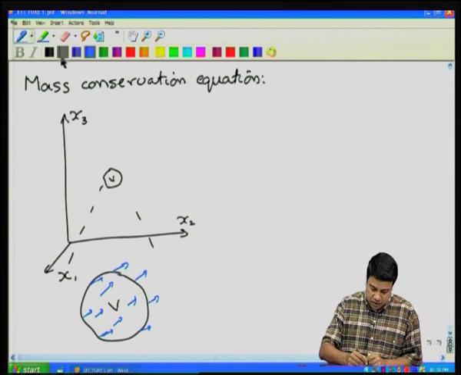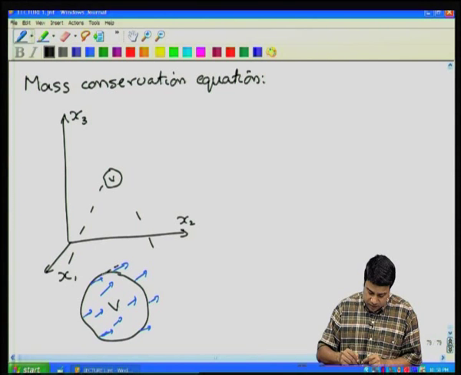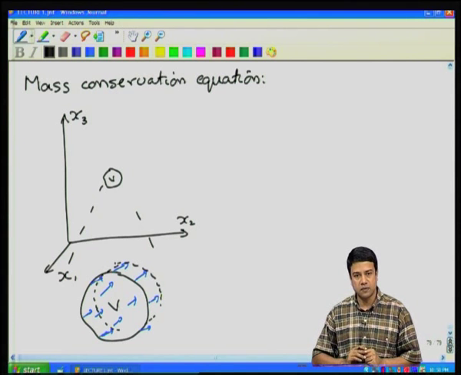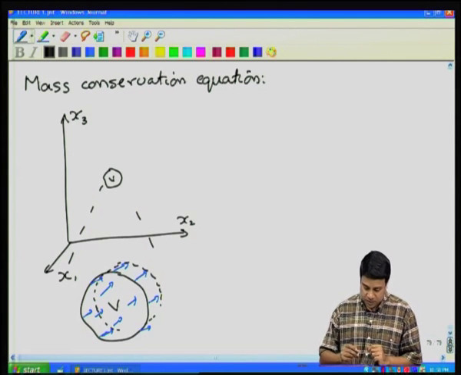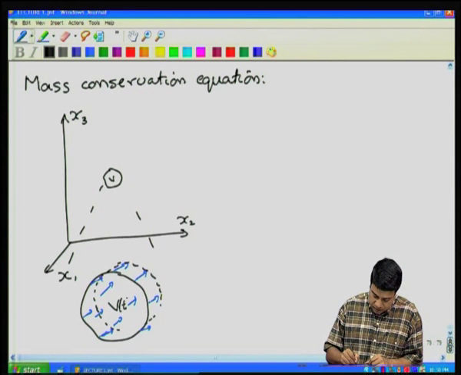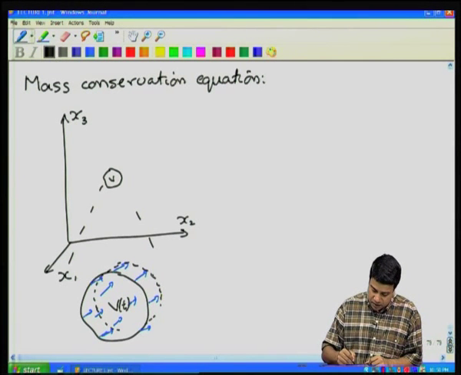At some later time, depending upon the fluid velocity on the surface, this volume will be at some other location. So, at the initial time, say t, the volume was at this location. At some later time, t plus delta t, it has shifted.